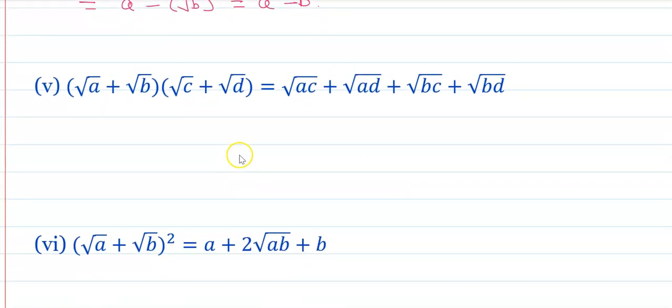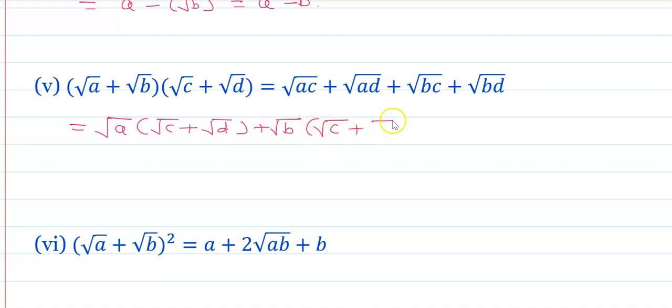What about the next? This is the normal multiplication. That is root a multiplied by the whole bracket root c plus root d, in the next bracket, root of b into root c plus root d.